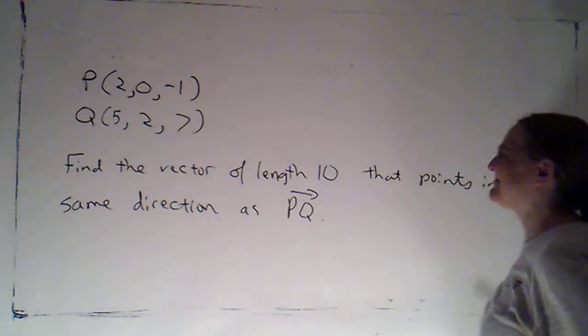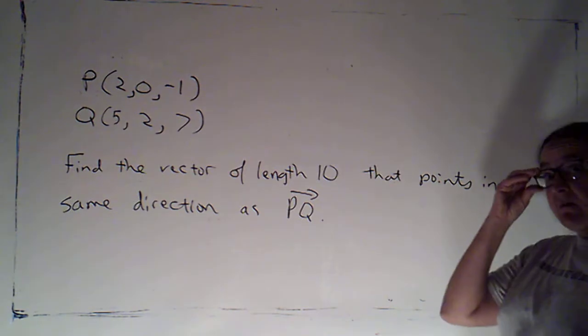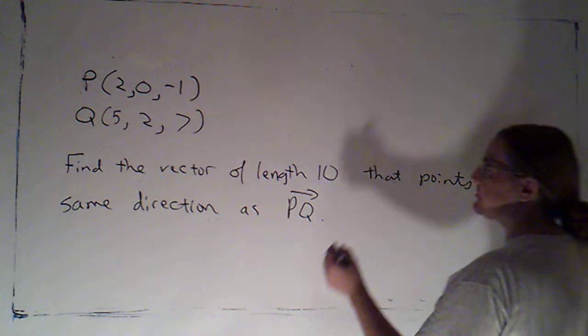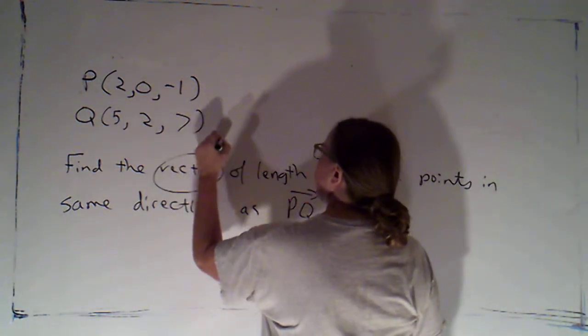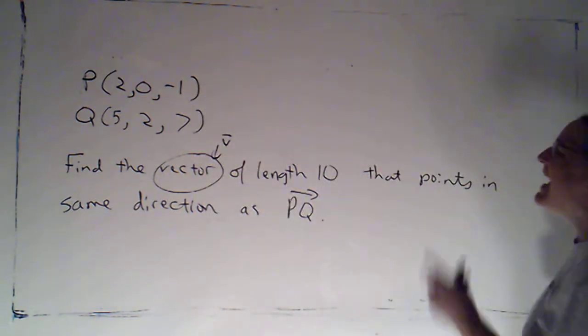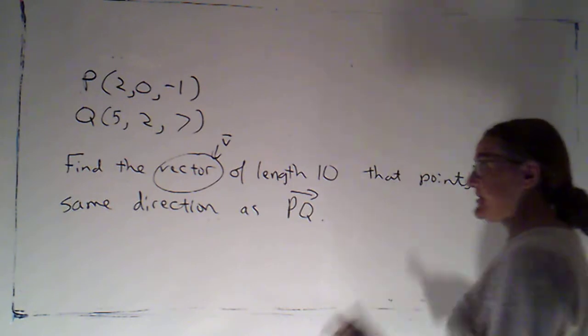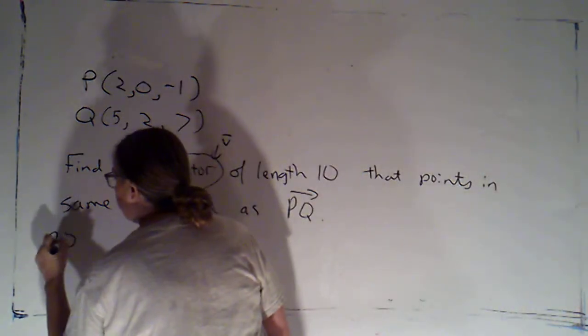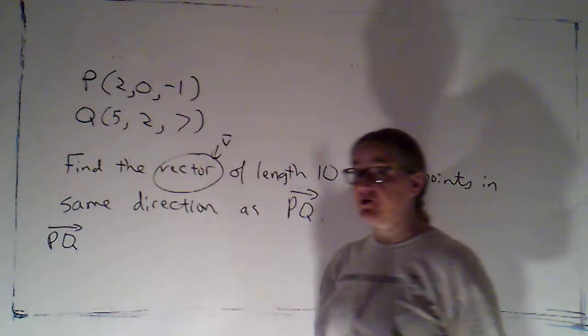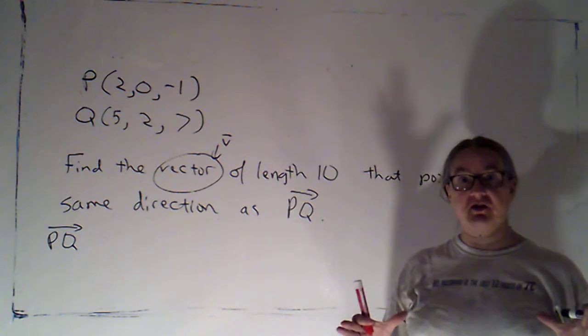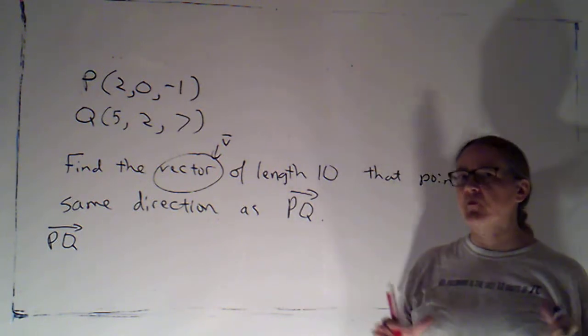Welcome back. Okay. What I'm going to do is, the vector that I'm looking for, I'm going to just call that V. I'm going to find 2 other vectors first. I'm going to find PQ. That's the vector that has the right direction, but presumably it has the wrong length.